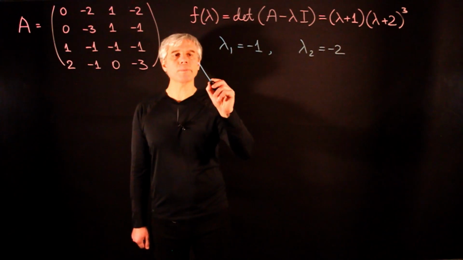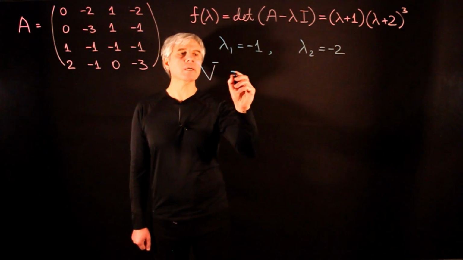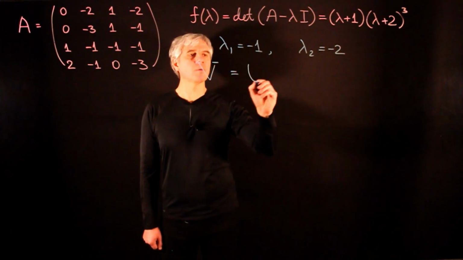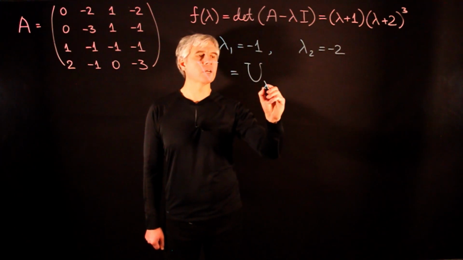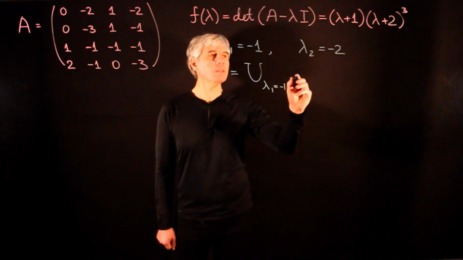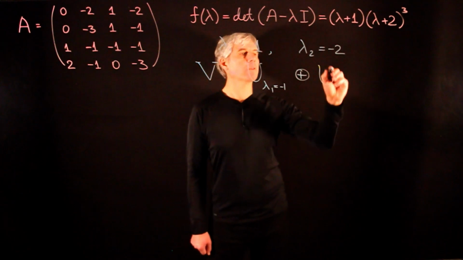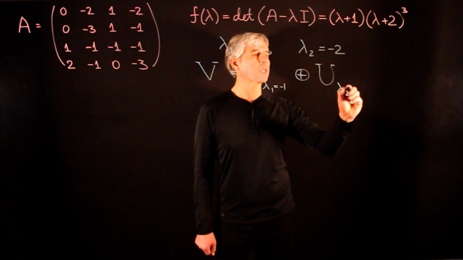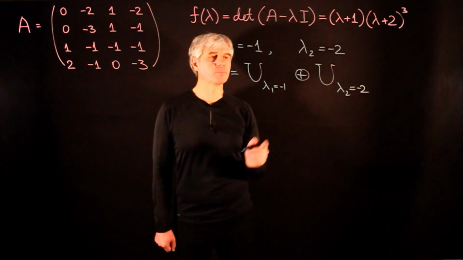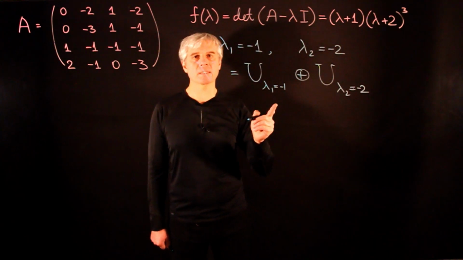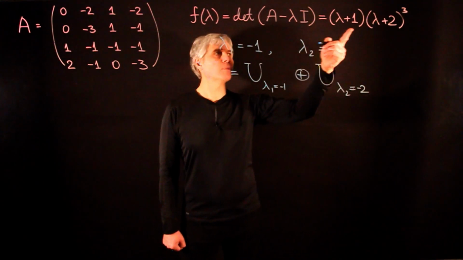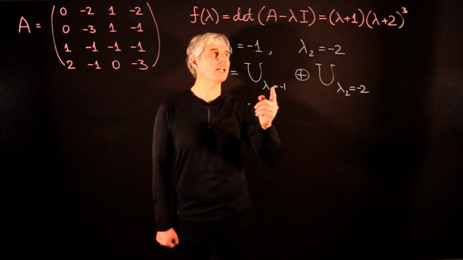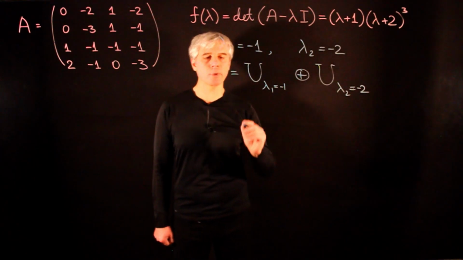Here, our four-dimensional vector space will decompose in the direct sum of the two root spaces. We will have a lambda 1 equals -1 root space, and the second root space corresponds to the eigenvalue -2. The dimensions of root spaces are given by the algebraic multiplicities of the eigenvalues as the roots of the characteristic polynomial.